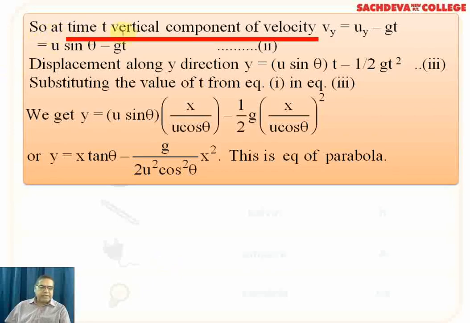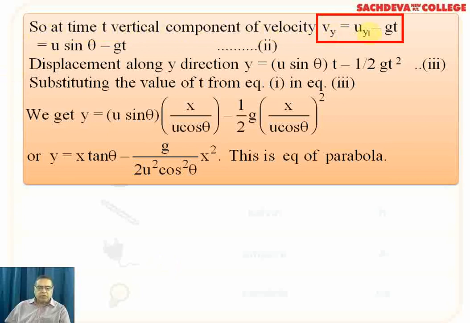So at time t, the vertical component of velocity Vy will be Uy minus gt. Normally, the rule is that acceleration due to gravity is negative or positive depending upon whether it is going up or coming down. So when it is going up, it is minus g, so we have taken Uy minus gt.